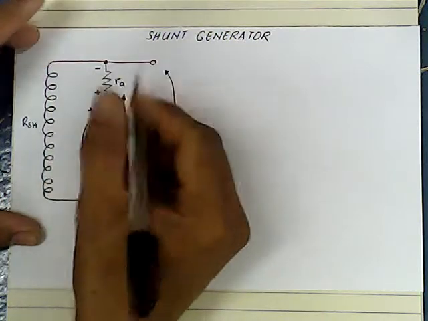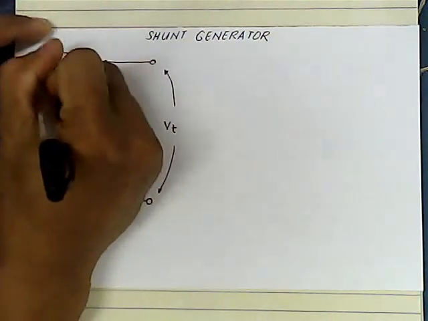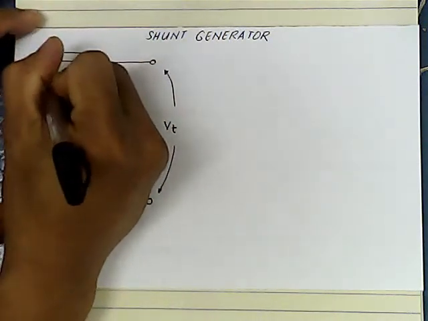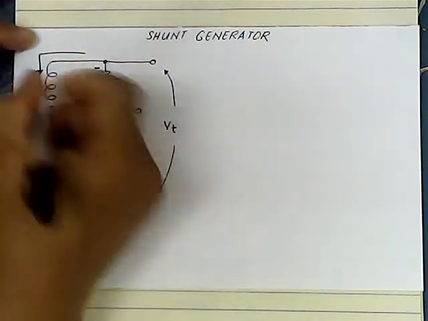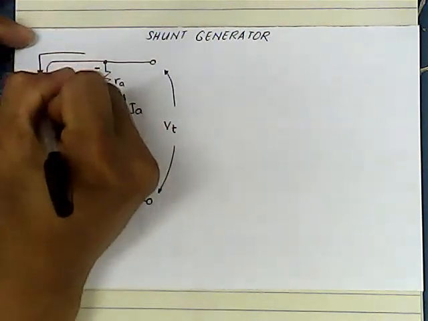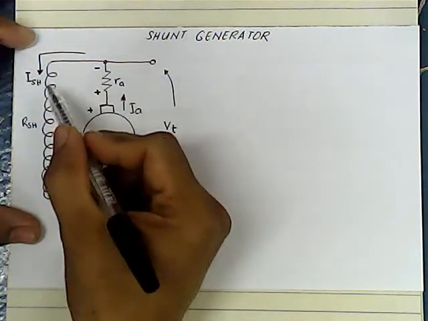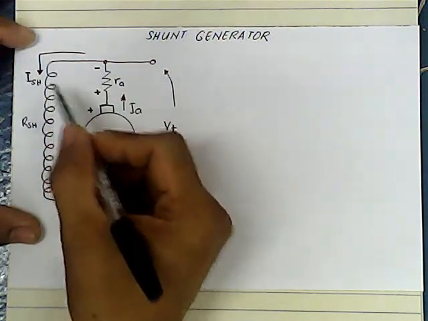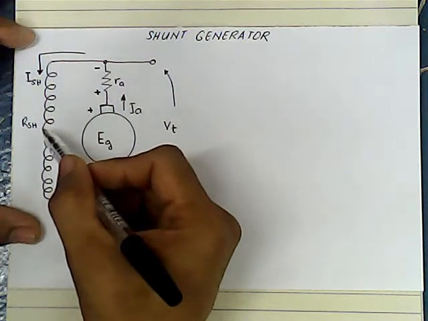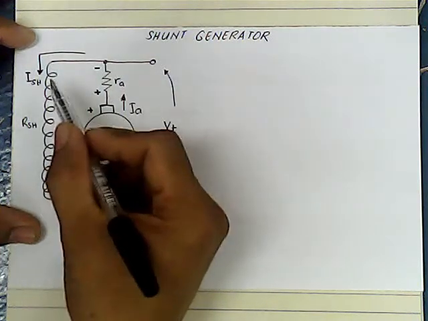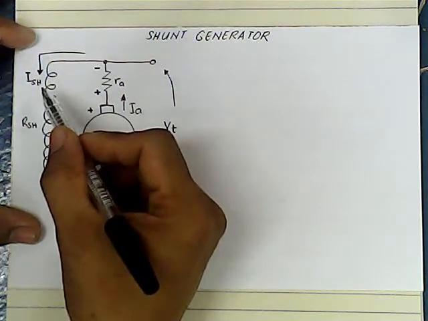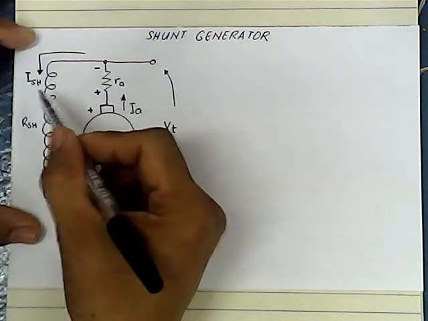So ngayon, dito, ito yung direction ng ating kuryente. Yan, and let's denote this as ISH. Yung sa iba, they're using IF, so field current, tapos ito naman RF, field resistance. Pero syempre, lagay lang natin dyan RSH and ISH.